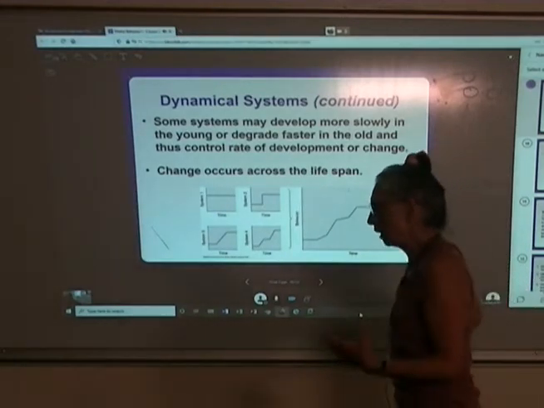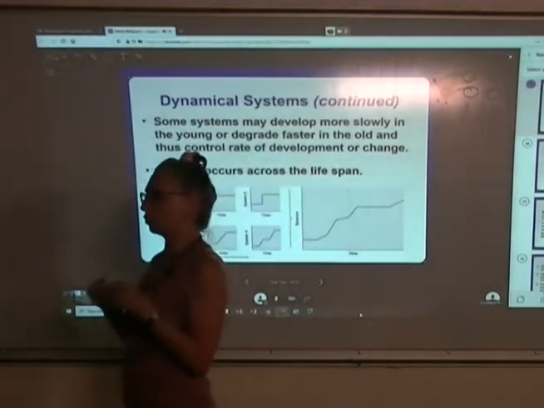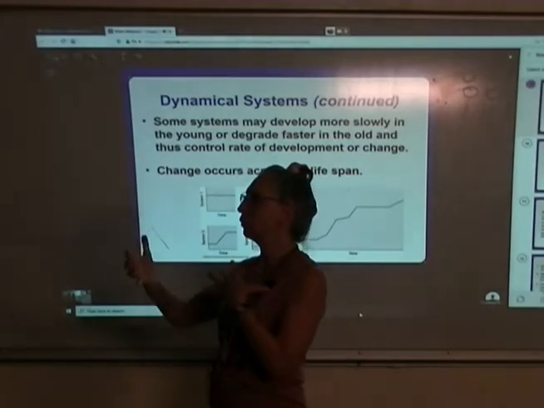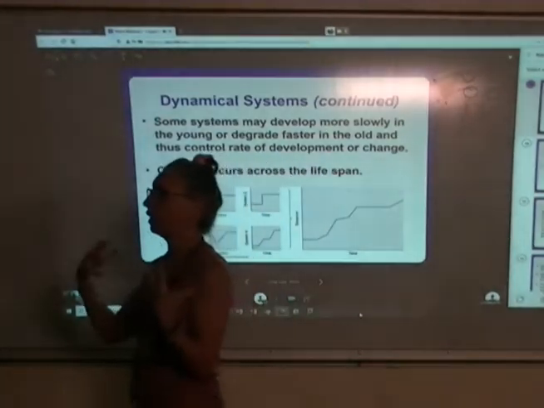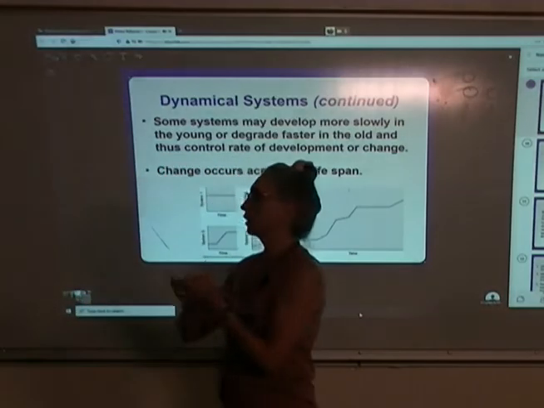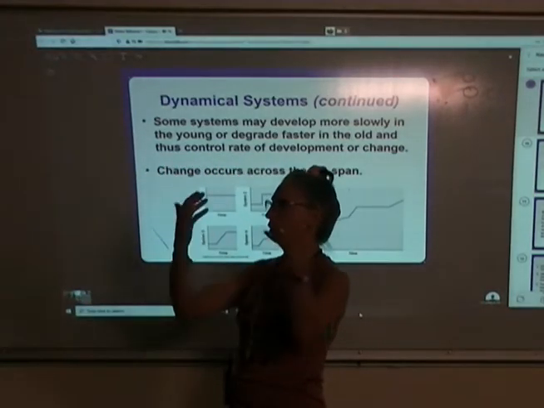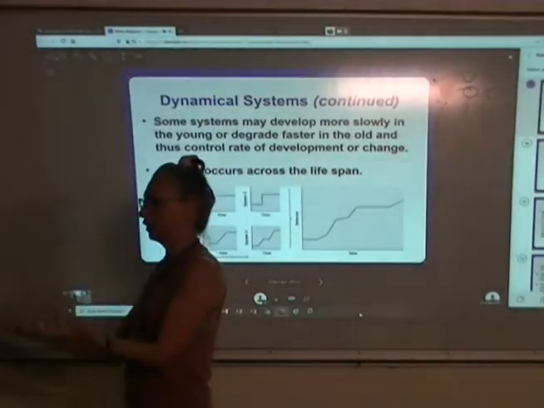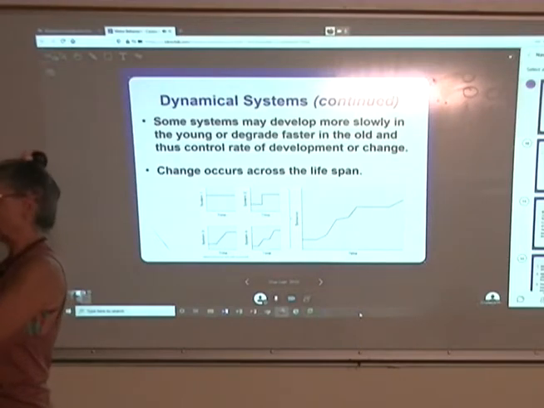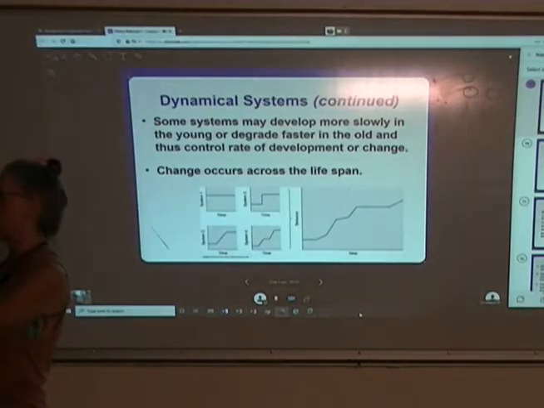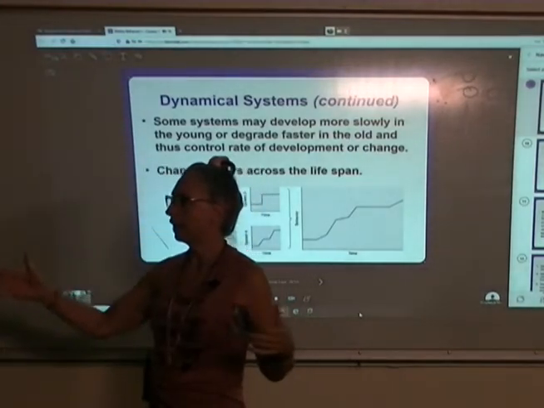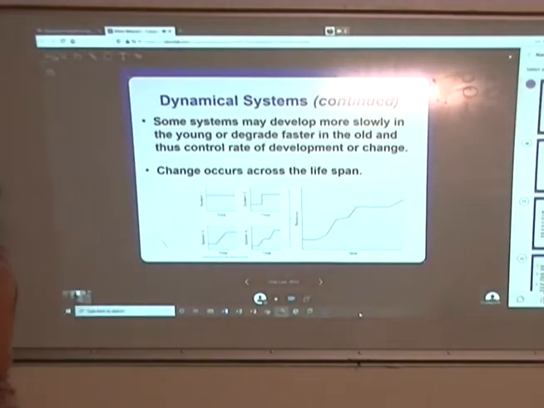So a rate limiter is an individual constraint because it is connected to the development of the different systems within our bodies. We have the skeletal system, the muscular system, the digestive system, the sexual organs and the sex system, and the cardiovascular system, and they all develop at different rates when we're looking at younger individuals, okay?